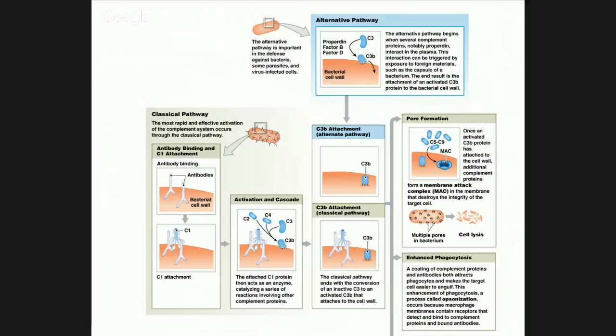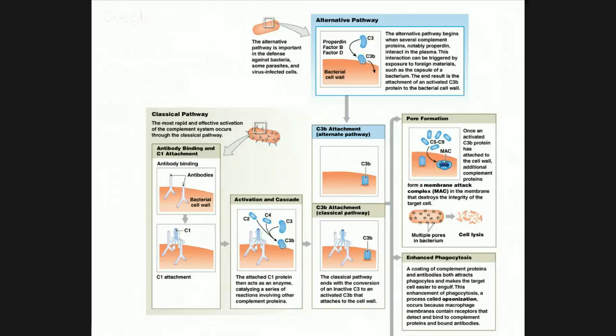So it starts with complement protein 1 or C1 and then goes to C2, C3, C4, and then 5, 6, 7, 8, 9. The classical pathway involves antibodies, which is part of adaptive immunity, part of specific recognition.